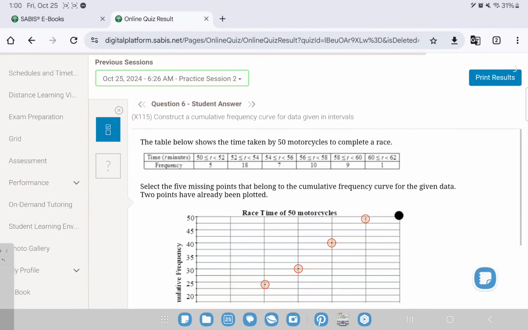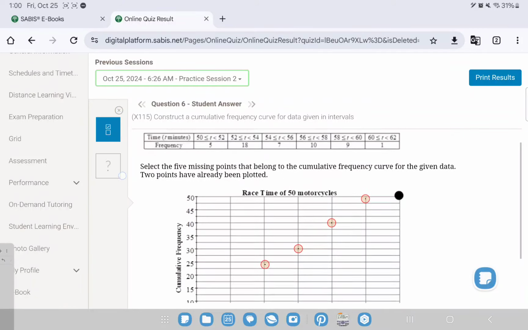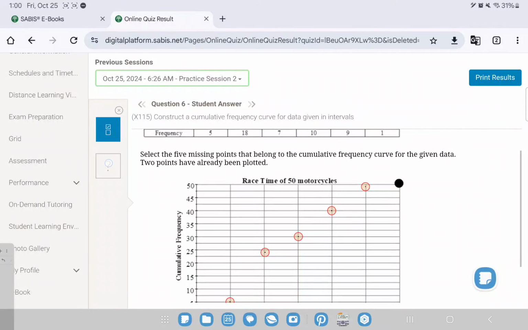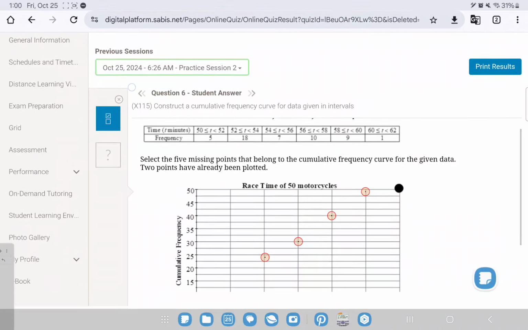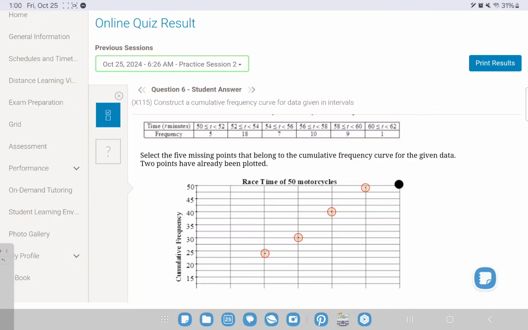Okay. So cumulative frequency. What's this? Cumulative frequency is just the frequency where you keep adding, or this is your base and you keep adding on it. Let me show you what I mean.